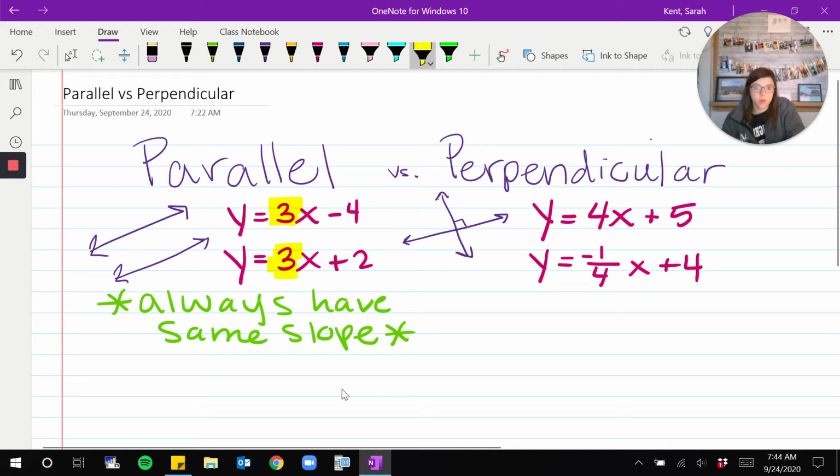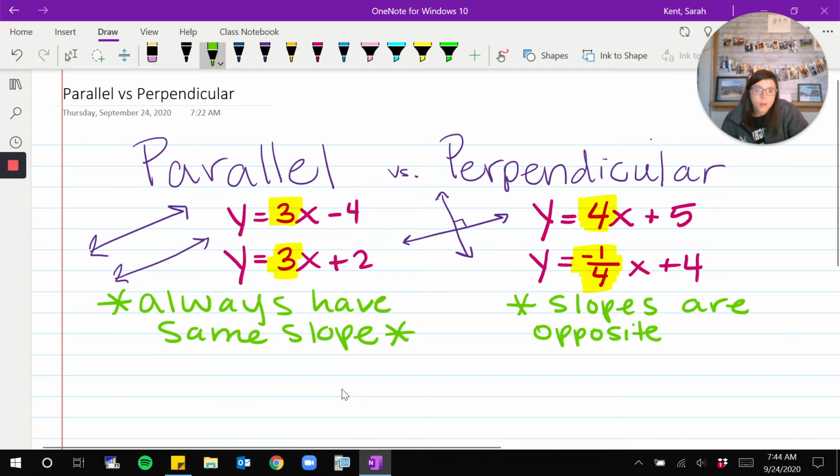For these slopes, here we have a slope of 4, here we have a slope of negative 1/4. These slopes are called opposite reciprocals.